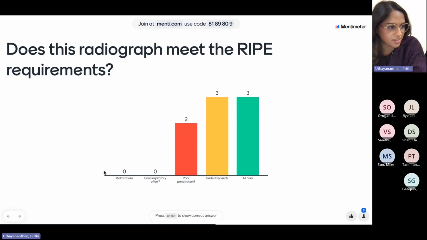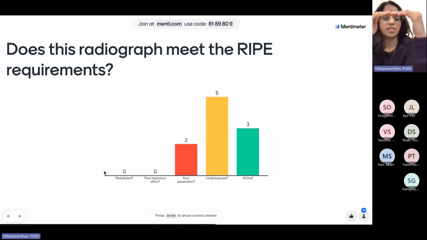Okay, so I guess it's a bit of a mean one, but it was slightly underexposed because the apices of the lungs have been cut off. Ideally you would want to see the apices and a bit of the trachea to make sure that you can get a full view.